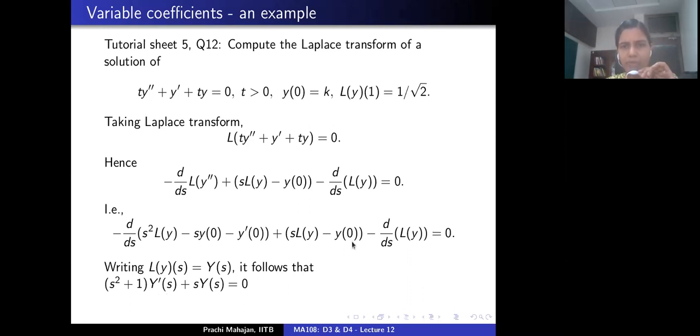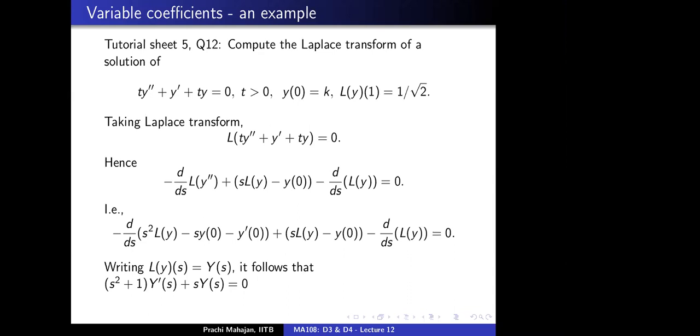And what happens to the term y at 0? This cancels out with this, negative negative, and you differentiate, so these terms cancel out and this term does not appear. This term also disappears because you are differentiating with respect to the variable s. This is correct, is that okay?